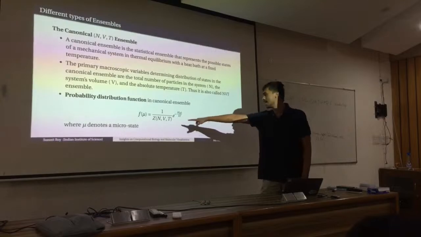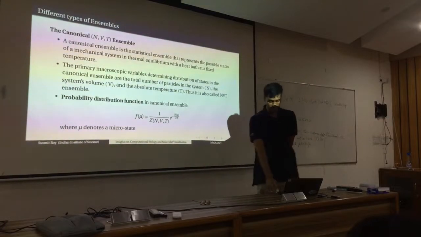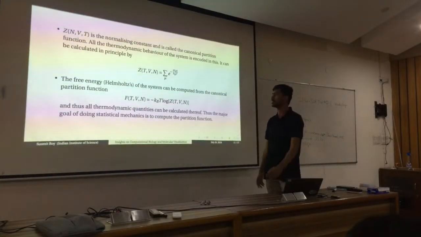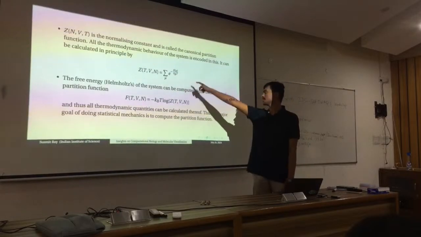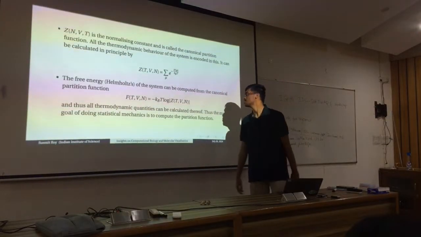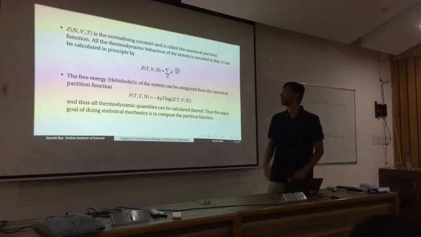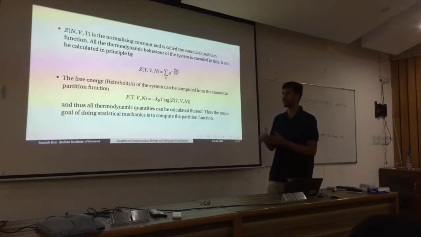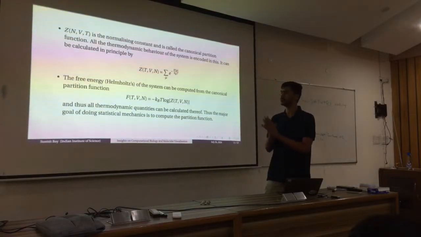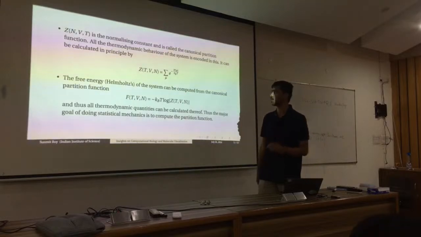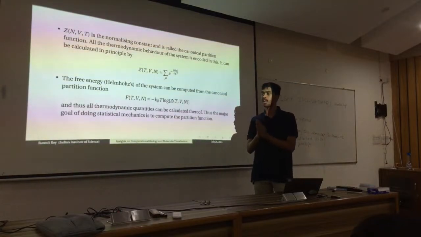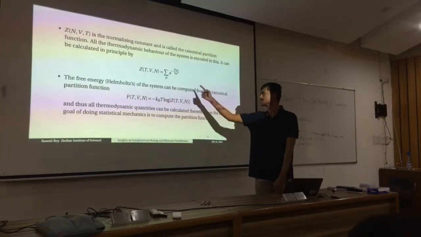And this Z is the normalizing factor, which is called the canonical partition function, and it can be calculated by summing all those e to the power minus H by kT. This is the most important parameter you can get from the canonical ensemble, as all the thermodynamic quantities are encoded in this Z.